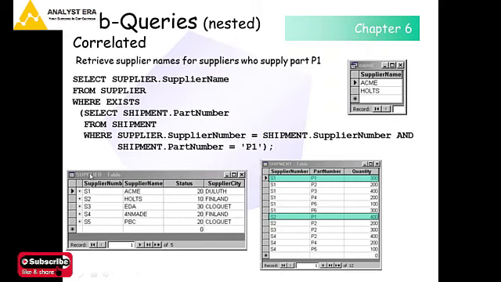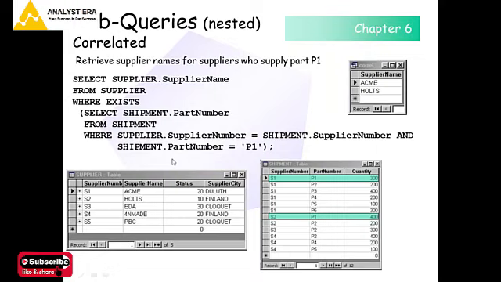So I'm trying to match this supplier number with this supplier number, right? As you can see, there are two blue lines here, that is supplier 1 with P1 and supplier 2 with P1. So these are the two matches, and that is Acme and Holtz, right?